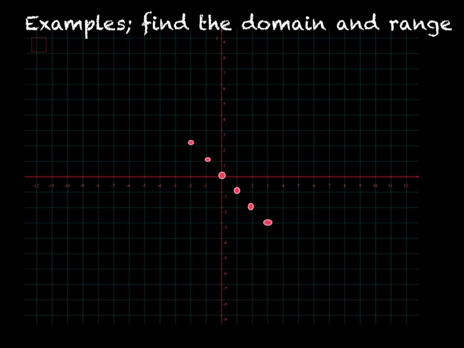Alright, and this next example is actually a regular graph. It's just a graph of points, okay? So we need to find the domain, which is all of the possible x's, and we need to find the range, which is all of the possible y's. Before we can do that, we want to actually find our set of points. It'll help us out. So my first point is (-2, 2).